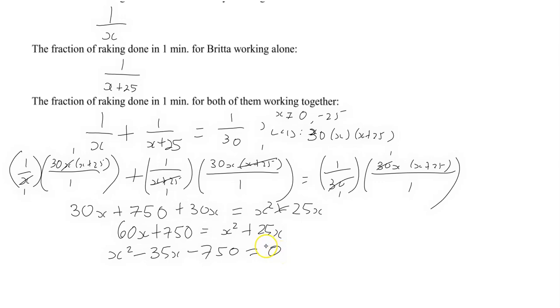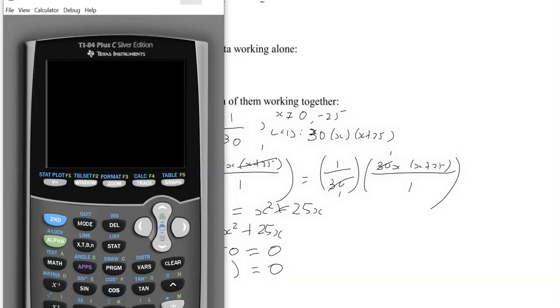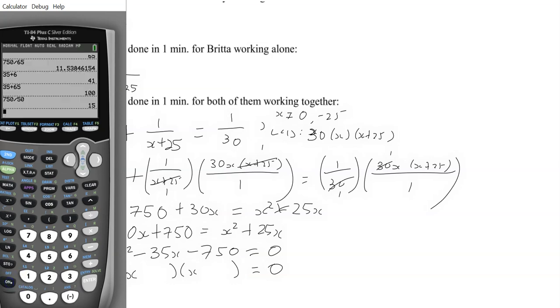Now, probably this factors. It's not going to be actually the easiest thing to find the factors for necessarily, but I'm going to do it. So what we're hoping here is that it really does take a whole number of minutes for that to happen.